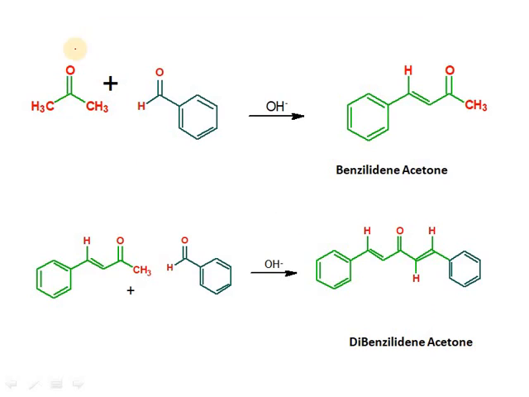Similarly, other carbonyl compounds like acetone or dimethyl ketone can be treated with benzaldehyde. It also has two alpha carbons, but one of these alpha carbons forms a carbanion, and this carbon attacks this carbonyl carbon to form a negative charge, which, by protonation and removal of water molecules, gives benzylidene acetone.